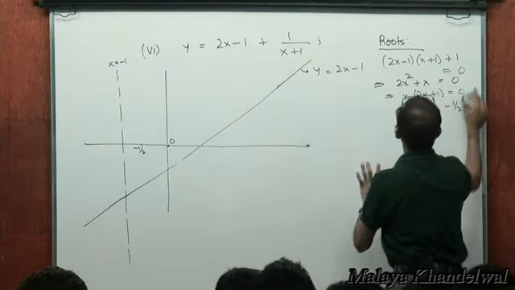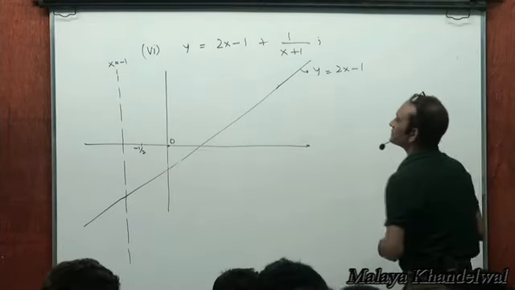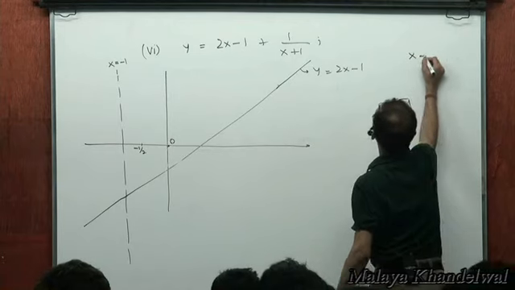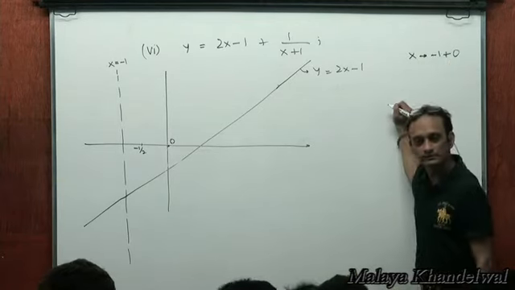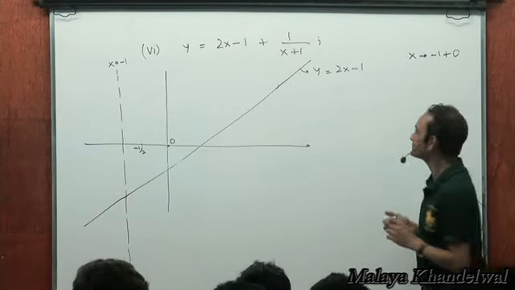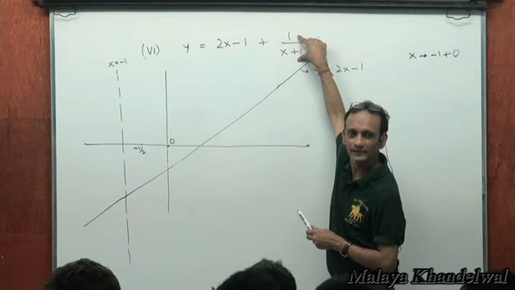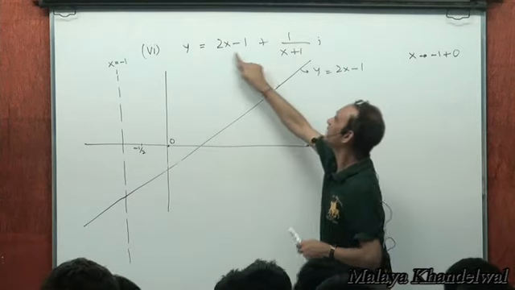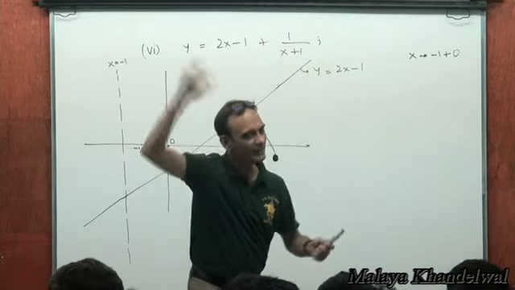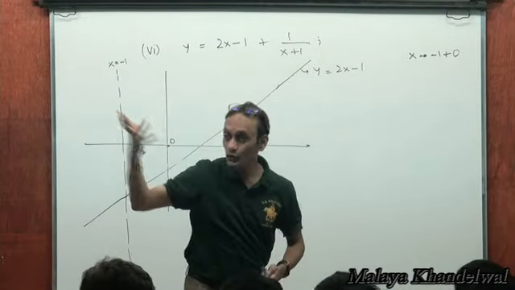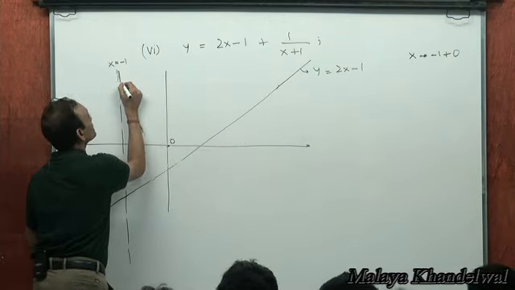Now as x tends to minus 1 from the greater than minus 1 side, this tends to plus infinity, and this will be a finite number. So the whole thing tends to plus infinity, which means you would expect something like this.